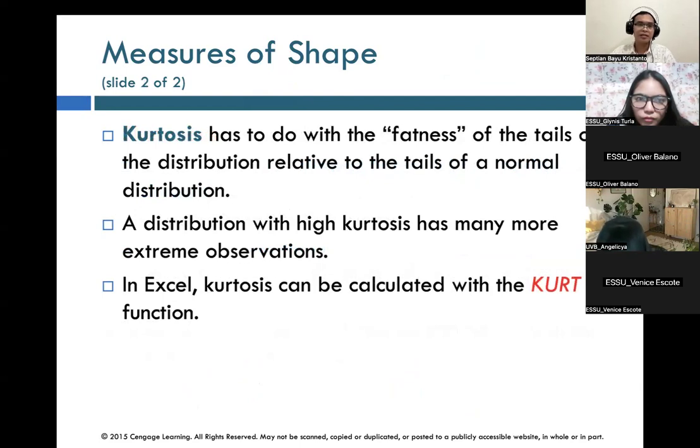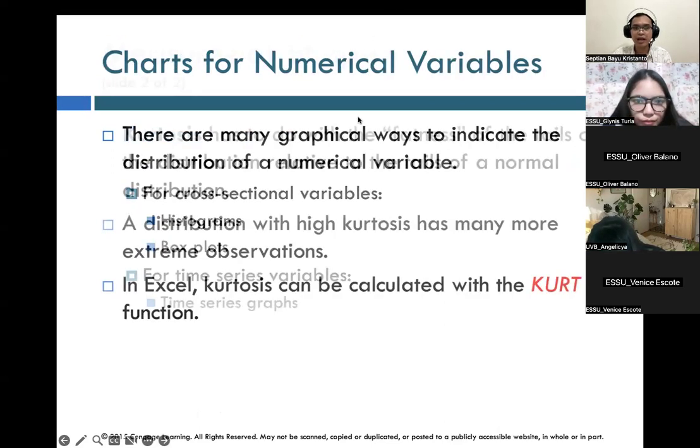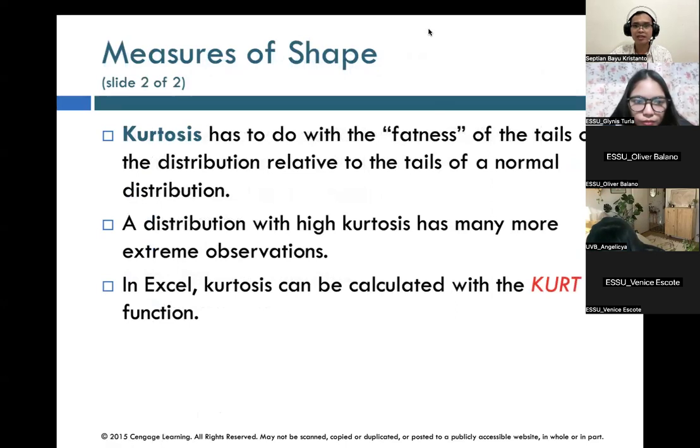Next, let's talk about kurtosis. Kurtosis is about the fatness of your data. What is the meaning of the fatness of your data? Sometimes when you generate your data, it can be distributed in two kinds of shapes, like these ones.